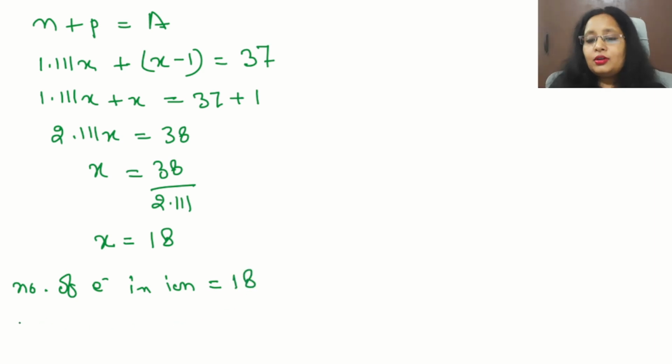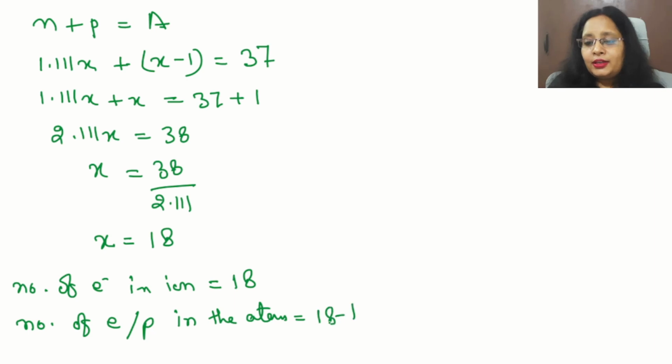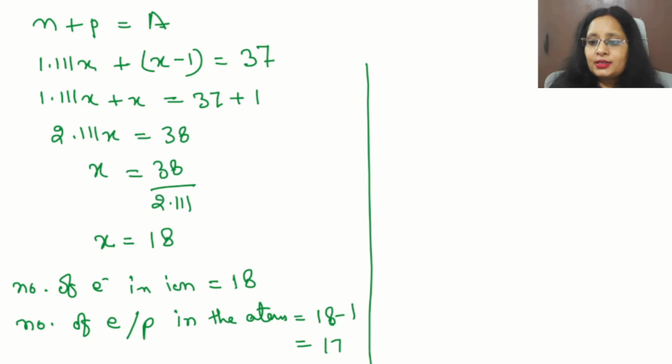So the number of electrons or protons in the atom will be 18 minus 1, as we did in the first two lines, it will be 17. Now we will get 17 as the number of protons.